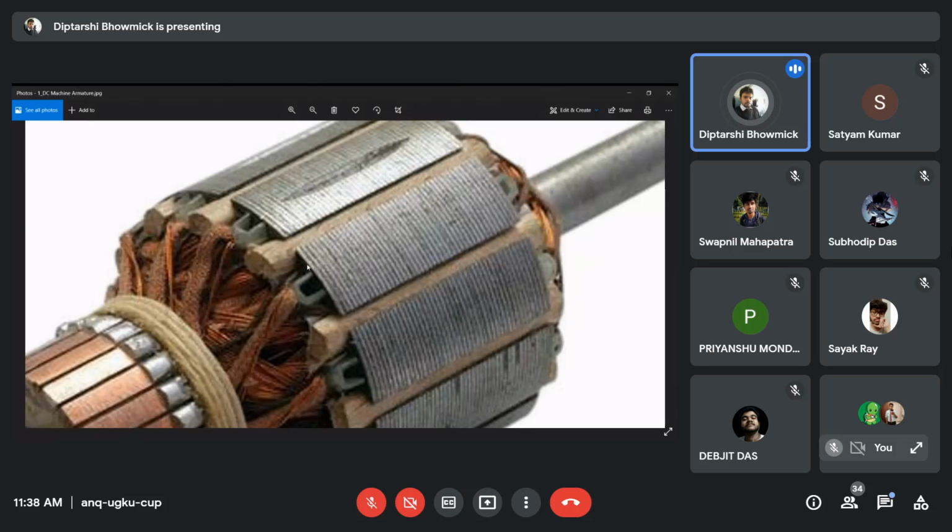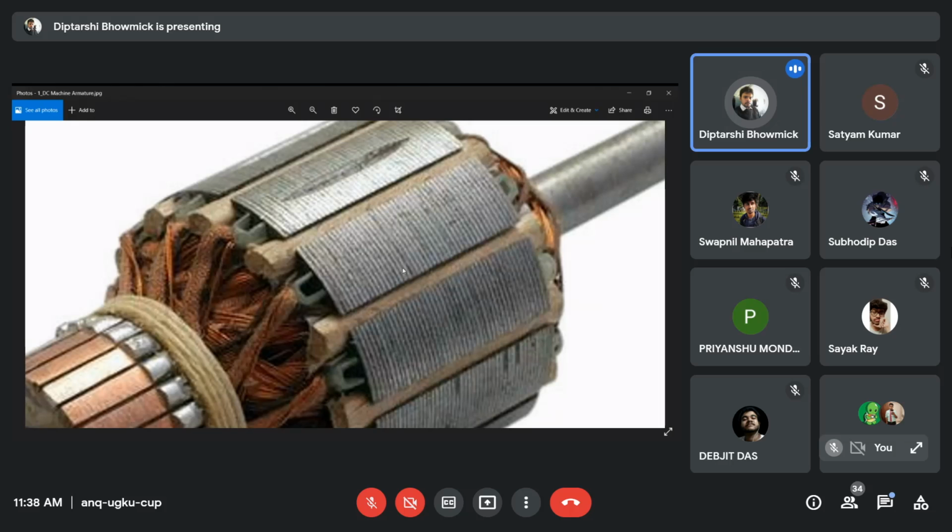You can see here this is one thin plate, then there is another thin plate, then another thin plate, and in between two thin plates there is a black line basically. So by that you can distinguish that they are not a solid one. They are the stacking of a lot of thin plates. And these thin plates are known as the laminations. Clear?